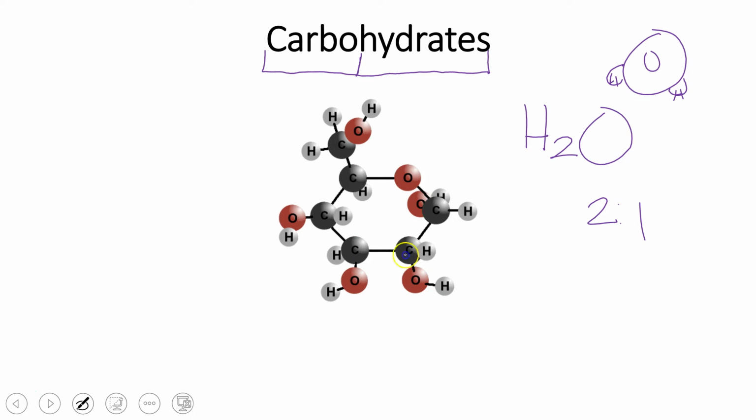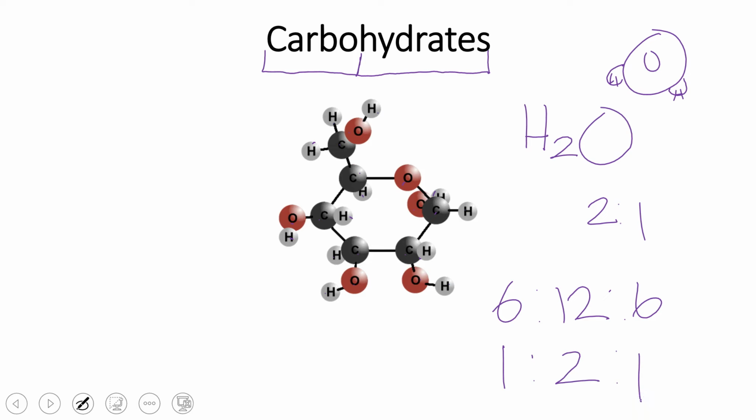When we take a look at this carbohydrate, let's count the carbons. We got 1, 2, 3, 4, 5, 6. Let's count the hydrogens. 1, 2, 3, 4, 5, 6, 7, 8, 9, 10, 11, 12. Let's count the oxygens. 1, 2, 3, 4, 5, 6. If we were to reduce this ratio down, this has a ratio of 1 to 2 to 1.